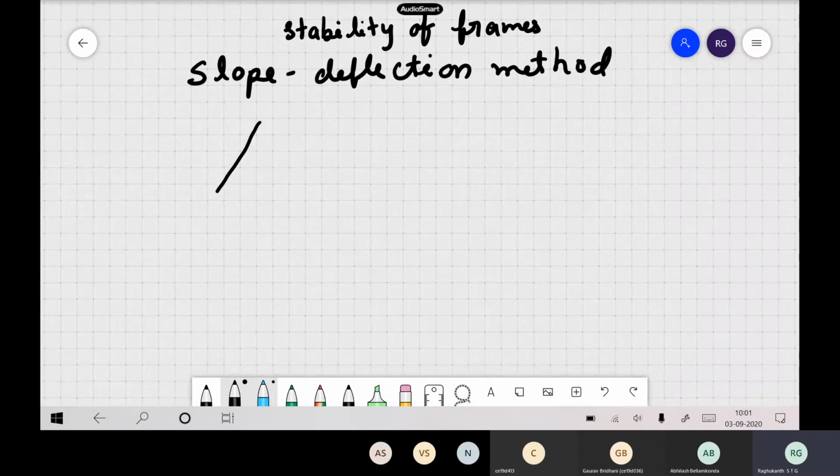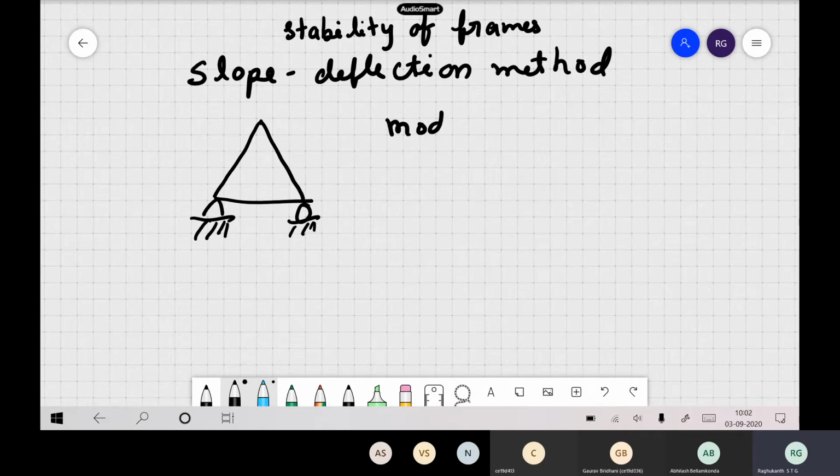Last class we have even seen the truss, these triangular frames, with any member. You can derive the slope deflection equations, solve the problem, and also find out the mode shapes.